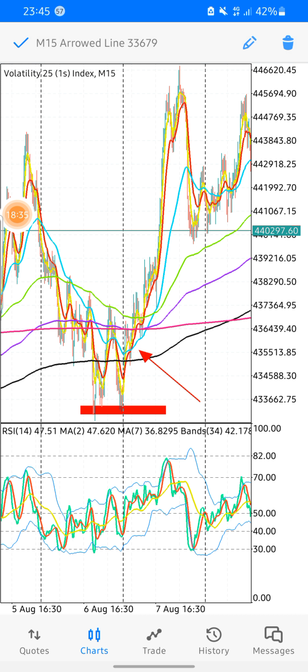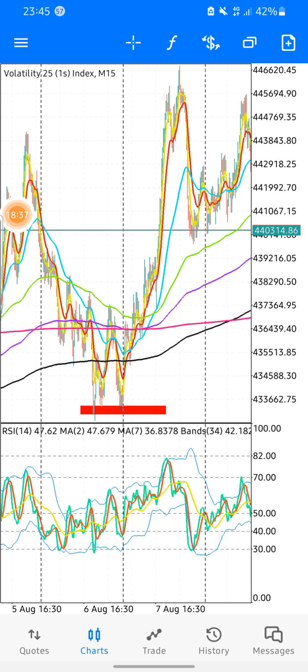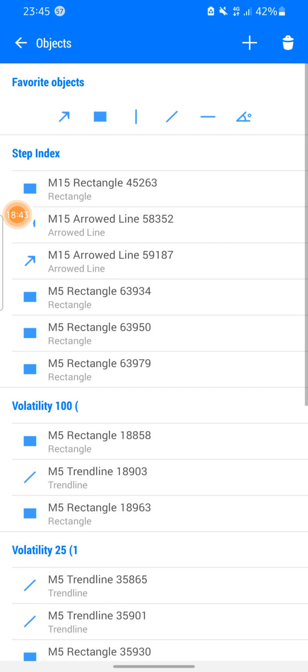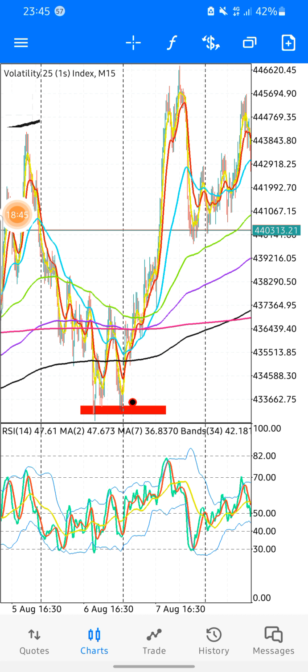Where are we seeing the price making a retractive move? Here, if you see, price moved from this point up to this point, right?